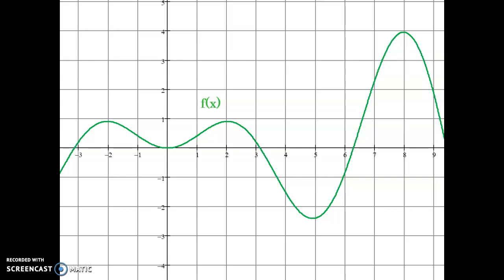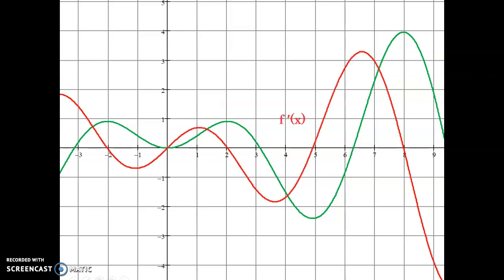We're talking about how the derivative, the second derivative, and the original function are related to each other. After doing our analysis, notice we can sketch our derivative graph. Where the original curve was rising, the derivative was above the x-axis.